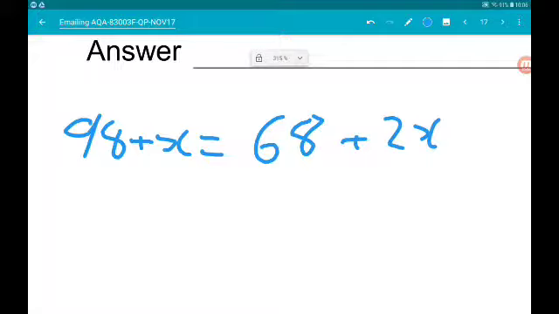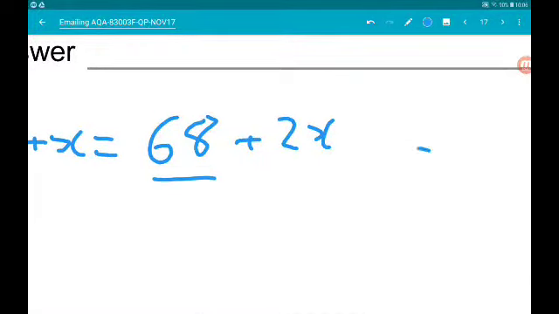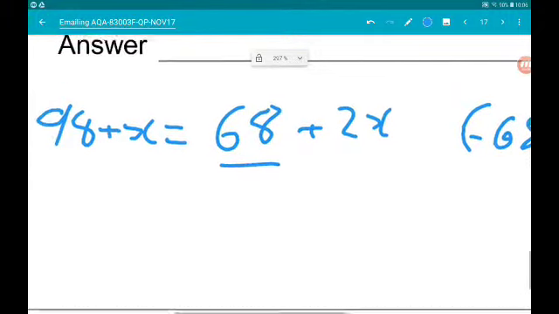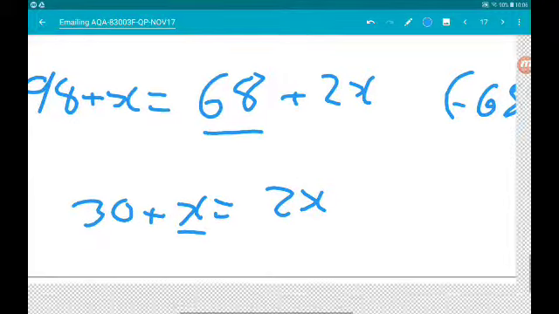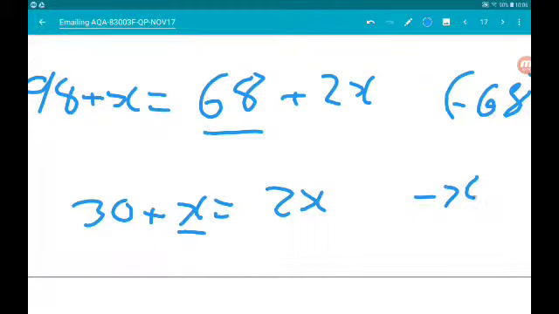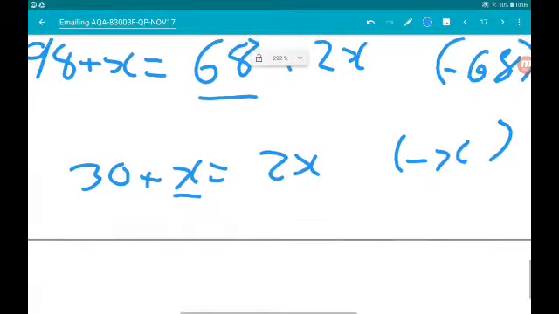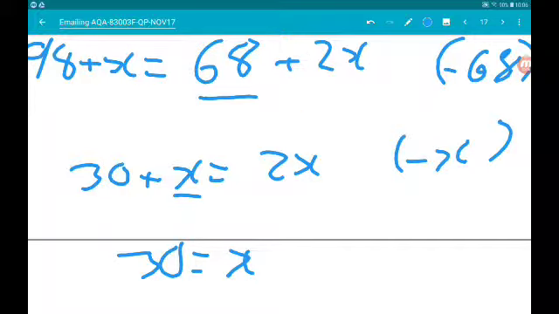So let's subtract 68. Okay, 98 take 68 is 30. So we have 30 add x is equal to 2x. Take away the x. We get 30 is equal to x. So 30 is our answer.